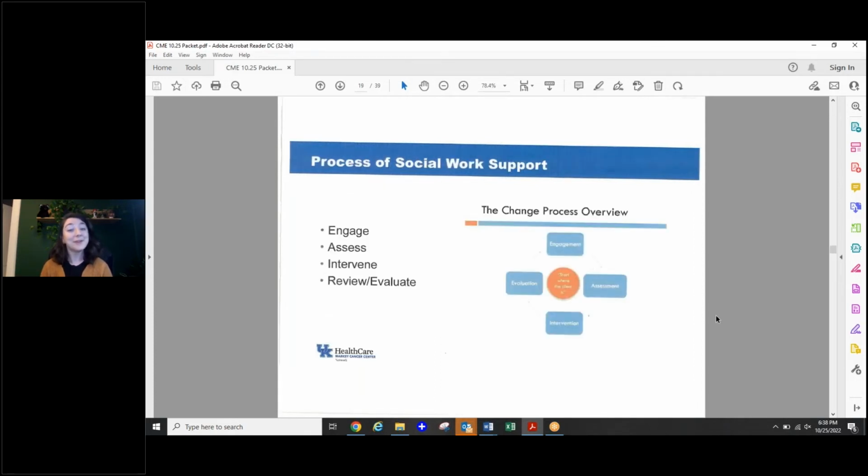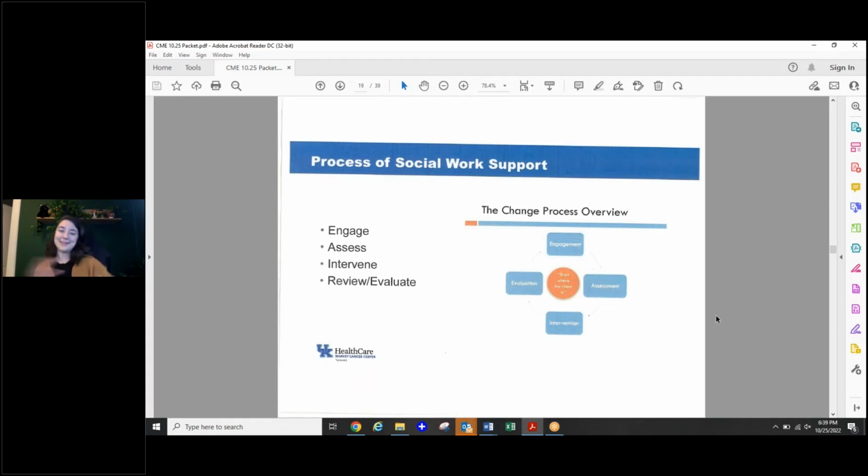So how that looks for social work. For all of social work, we have a standard of how we interact with our clients or our patients. It begins with the engagement stage, where we meet with patients where they're at. We get to know them. We get to know what they're going through, what their concerns are, where it is that they're coming to this place in.